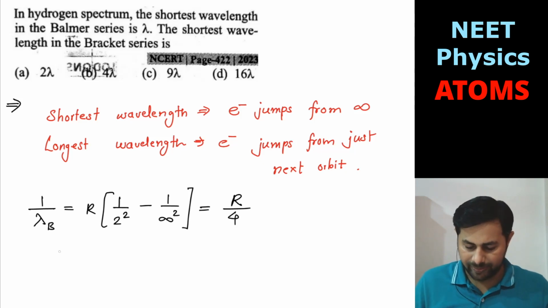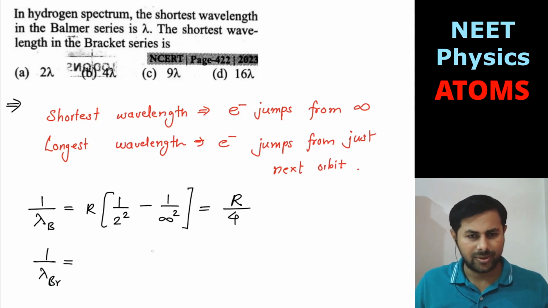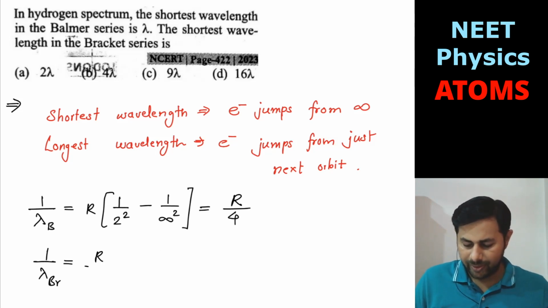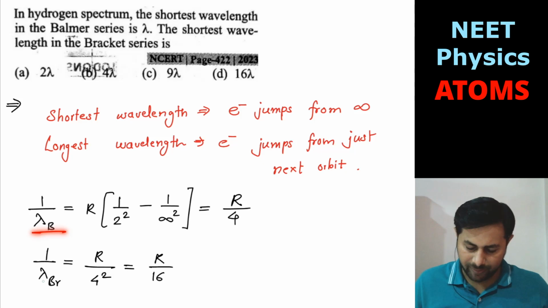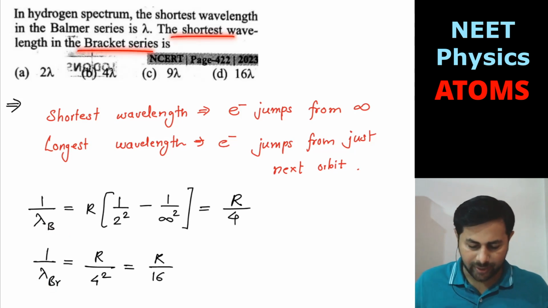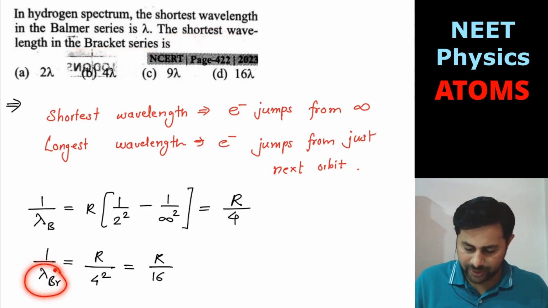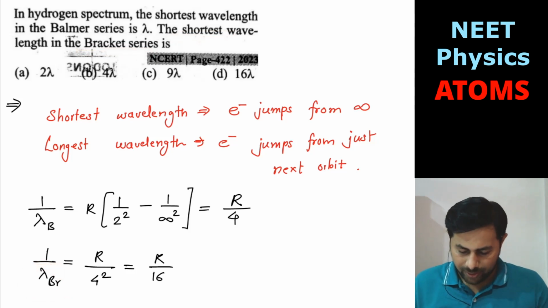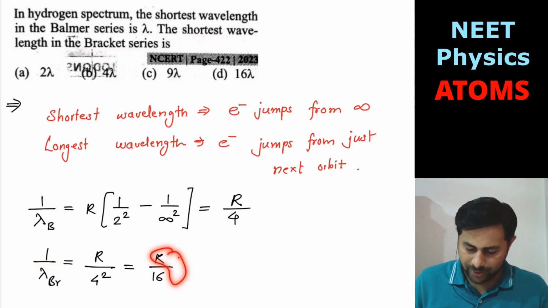And then you want the Brackett series, 1 by lambda Brackett. Brackett is which series? First, second, third, fourth, right? So it is just R by 4 square, so that is R by 16. You want the wavelength of Brackett series, lambda Br. So you can substitute R by 4.